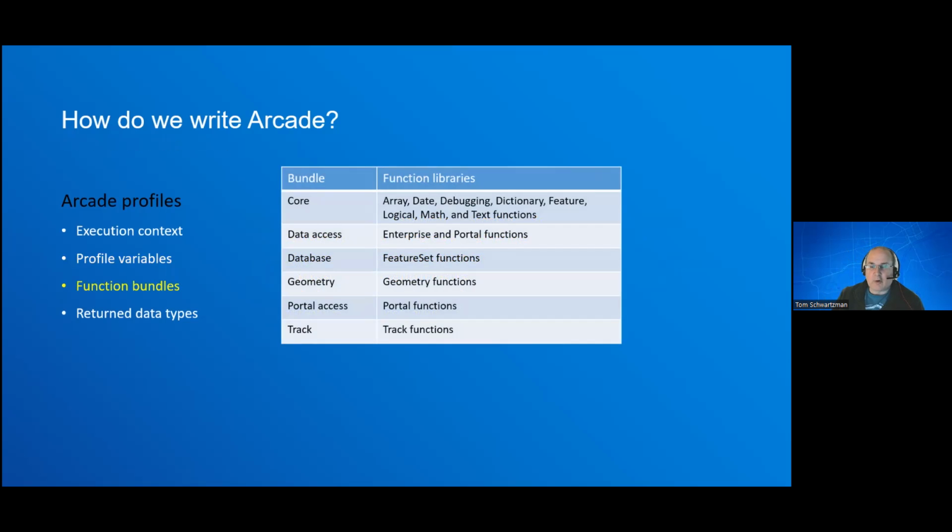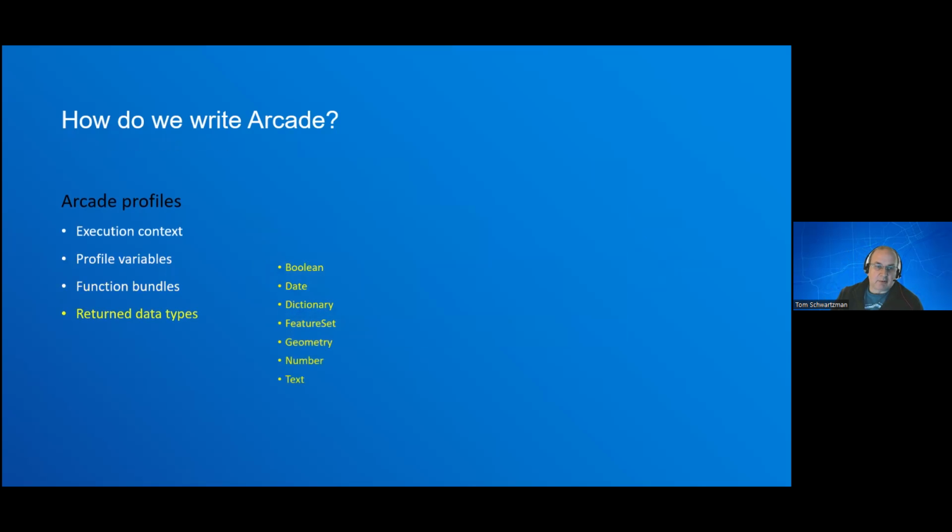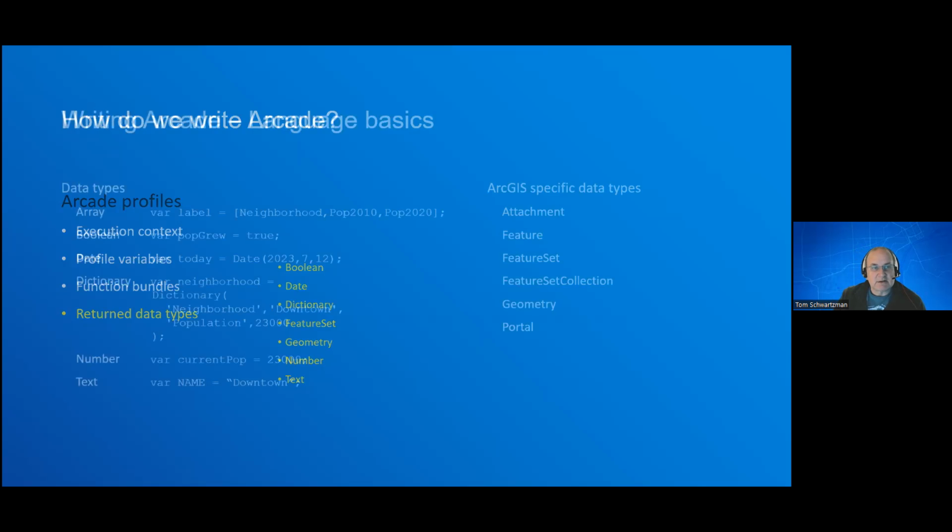And the last thing is, what am I returning out of my Arcade function? I could be returning a date, some text, a number, or a geometry. Or in our case, for data expressions, we're going to return what's called a feature set, a set of features that can then be used to drive other elements in our dashboard.